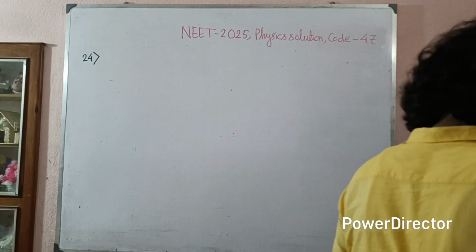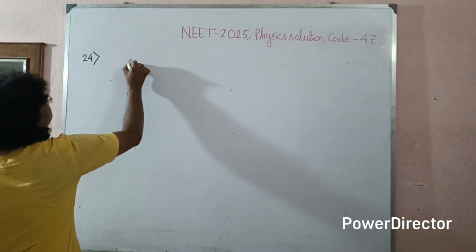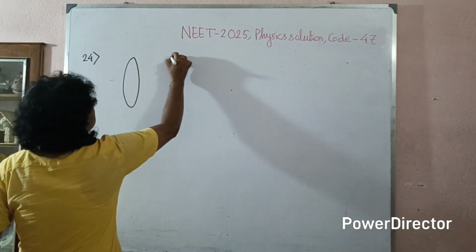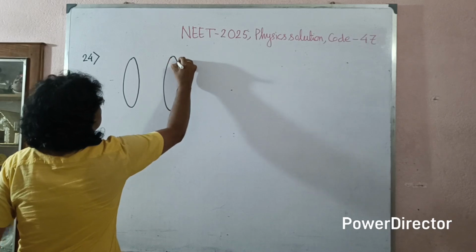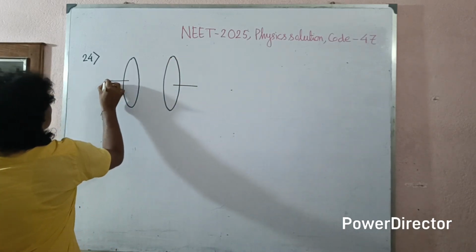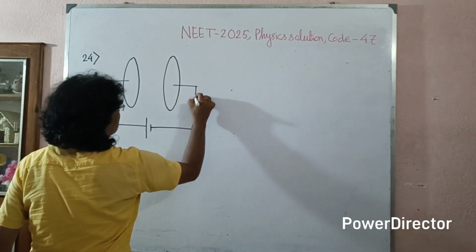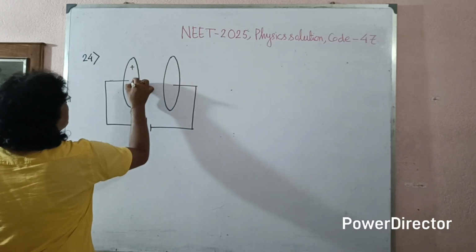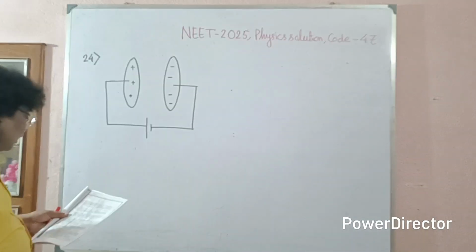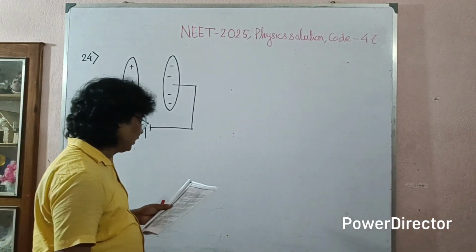See, this is a parallel plate capacitor whose two plates are circular. Now what is given?